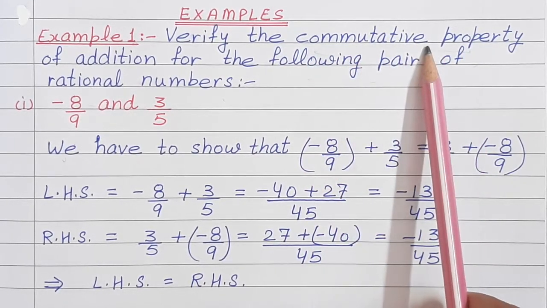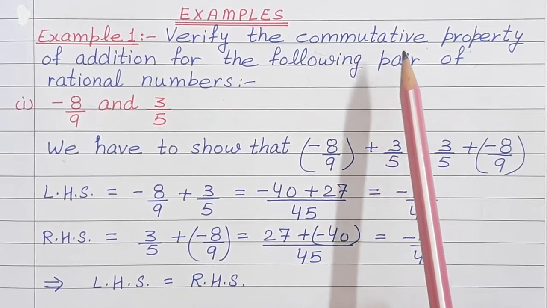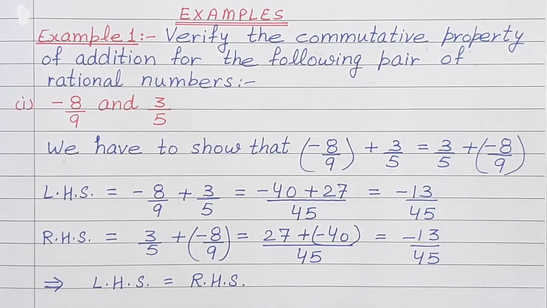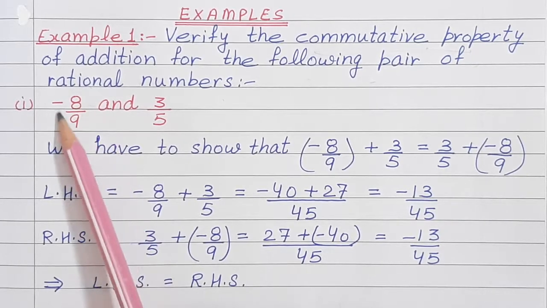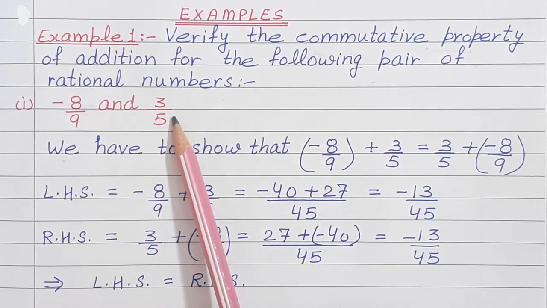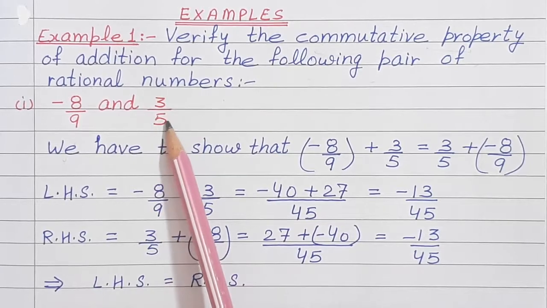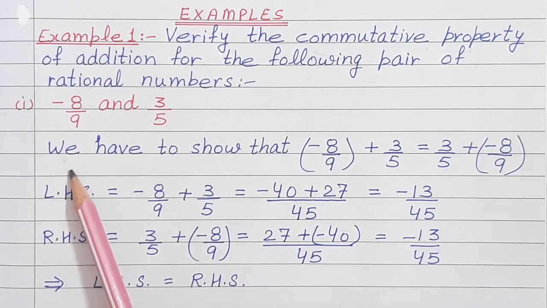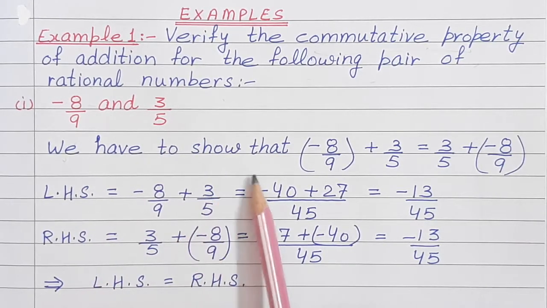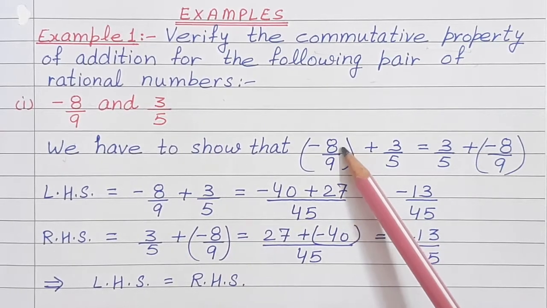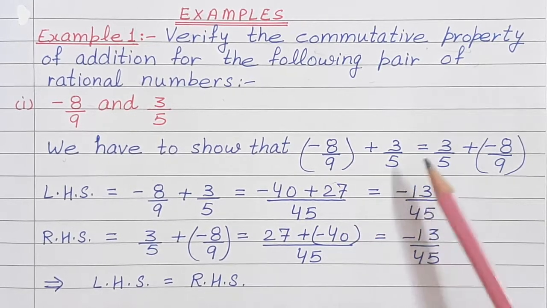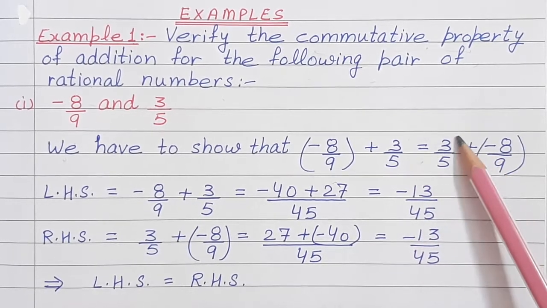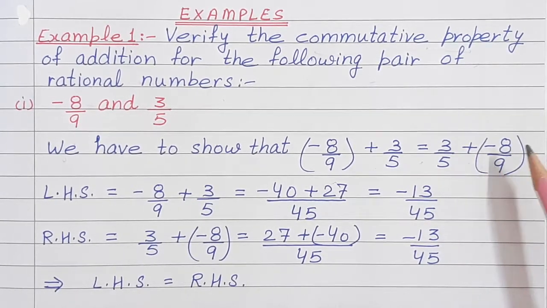That is a plus b is equal to b plus a. So here a is minus 8 upon 9 and b is 3 upon 5. So we have to show that minus 8 upon 9 plus 3 upon 5 is equal to 3 upon 5 plus minus 8 upon 9.